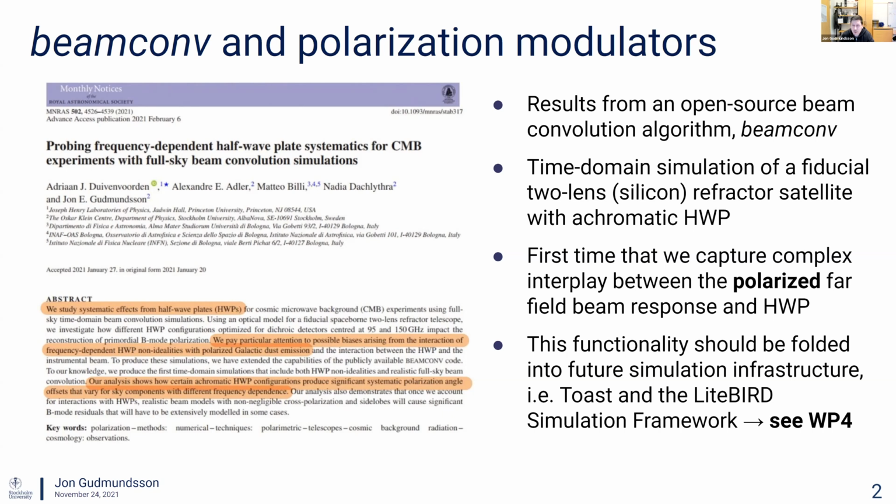In this particular paper, we introduce a new analysis framework and a new extension to this algorithm. We create a fiducial satellite experiment composed of a 2-lens refractor system with an achromatic half-wave plate, and we scan sky models and generate time streams, maps, and power spectra to understand how non-idealities in the half-wave plate and our optics impact our ability to understand degree scale polarization.